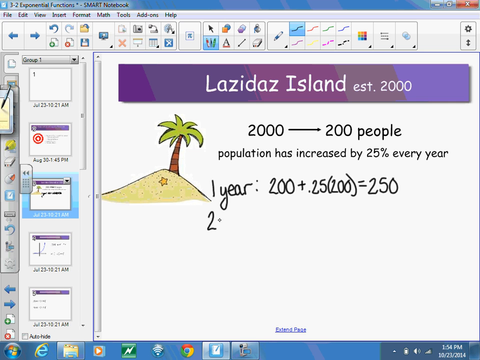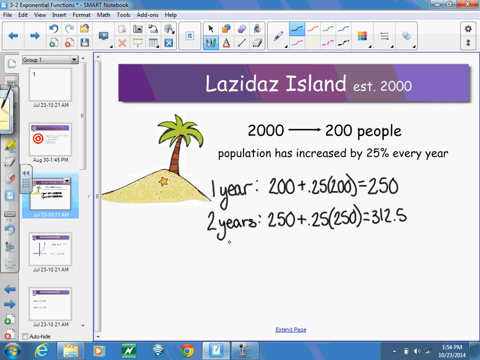Great, so we continue on to the population after 2 years. Now we have 250 people at the start of the year, and we gain 25% of that 250, which gives us 312 and a half people on this island.